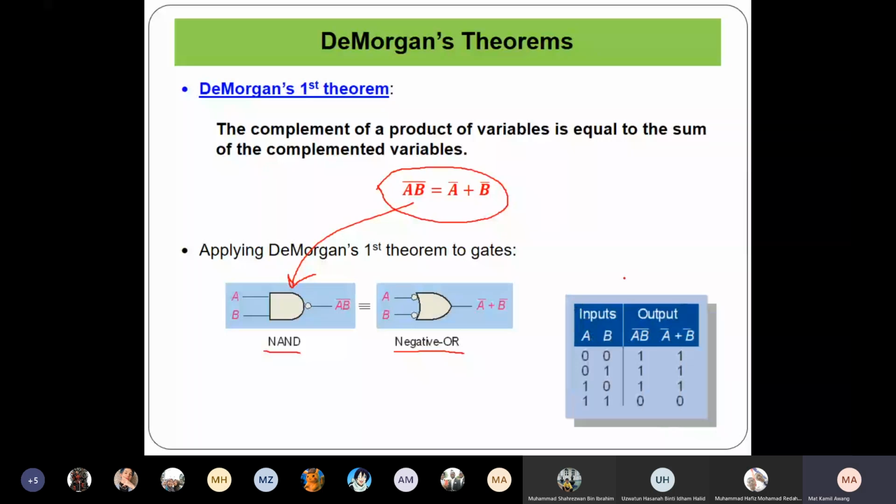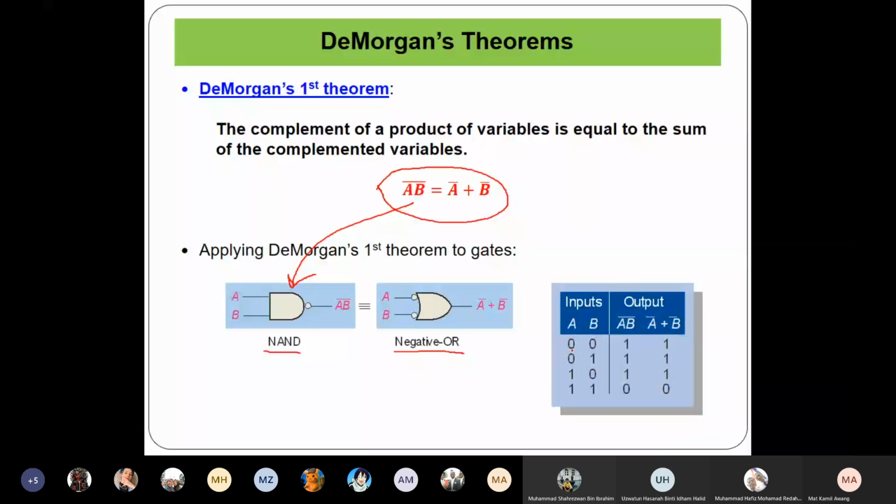So this is the truth table. Let's say 0, 0: 0 and 0 becomes 0, 0 not becomes 1 here. 0, 1: 0 and 1 is 0, not, then becomes 1. 1, 0 becomes 1. 1, 1 becomes 1, you not becomes 0.